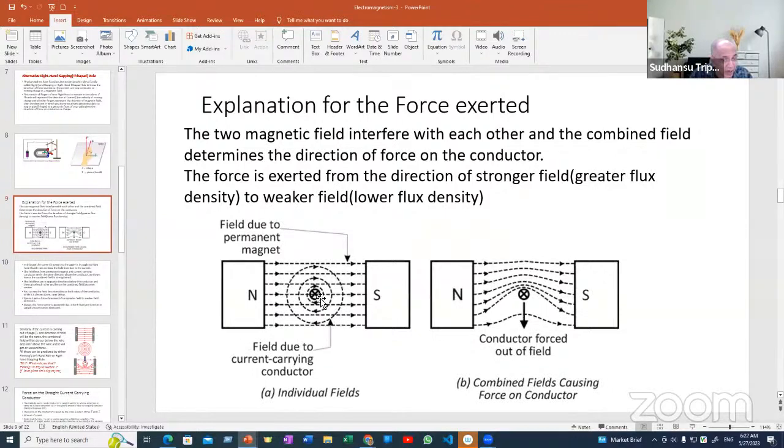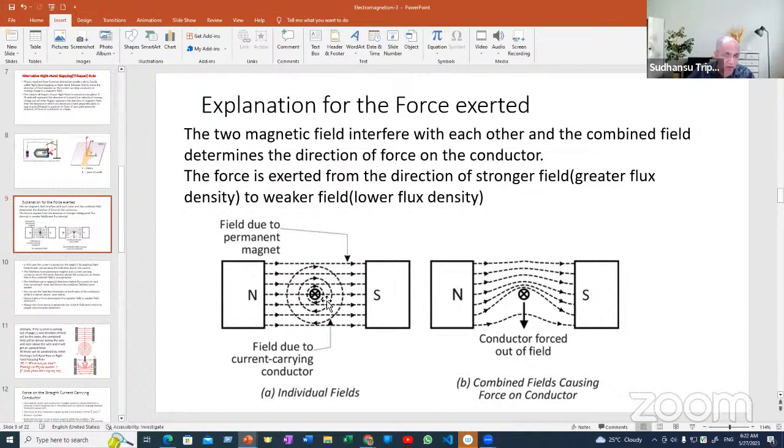The reason why there is a force and in which direction it will go, supposing cross means into. Supposing a conductor carrying current is going into the page and the direction of the magnetic field is here, north to south. Then what will happen?